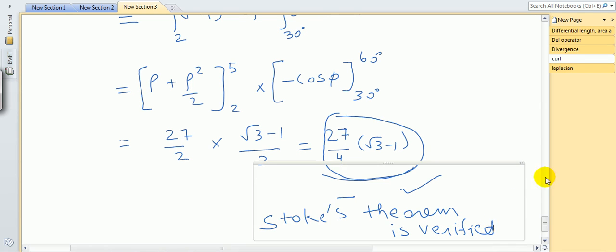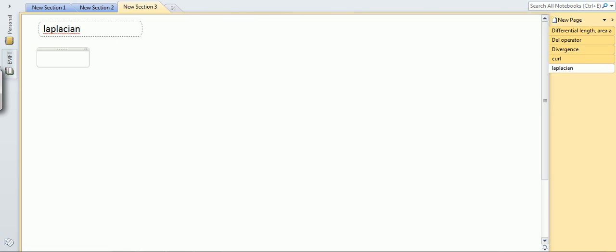We can also verify the same. Now we will see the next topic, that is Laplacian of a scalar. So what is this Laplacian of scalar? It is basically defined as divergence of gradient of scalar.